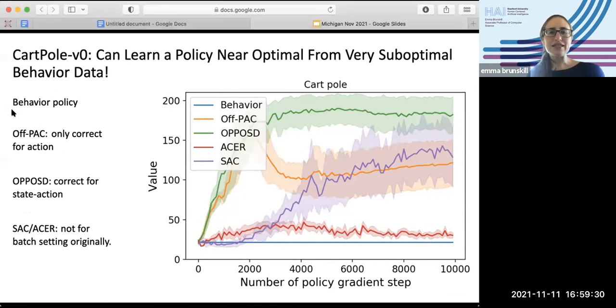In this case, the blue is the behavior data, and that's the actual performance of the behavior data we have. Supervised learning, if it just tried to imitate the behavior policy, would do pretty badly, around 20 in this case. But the nice thing is that this behavior policy covers some policies that work really well. And so you can see in this case our algorithm, which is green, does much, much better.